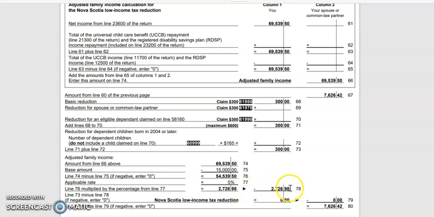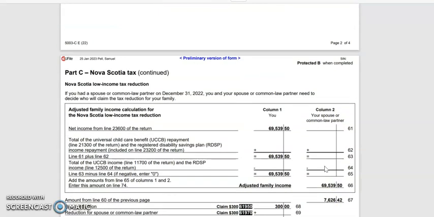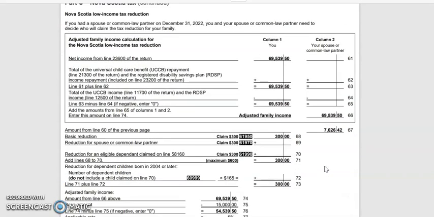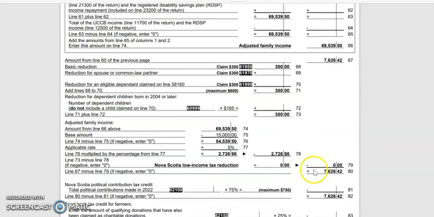Carry that forward. If that amount was lower than $300, we would qualify for some of this $300, which is the low income tax reduction. But since we have an amount here that's higher than the $300, we don't qualify for any, so we don't get a low income tax reduction.